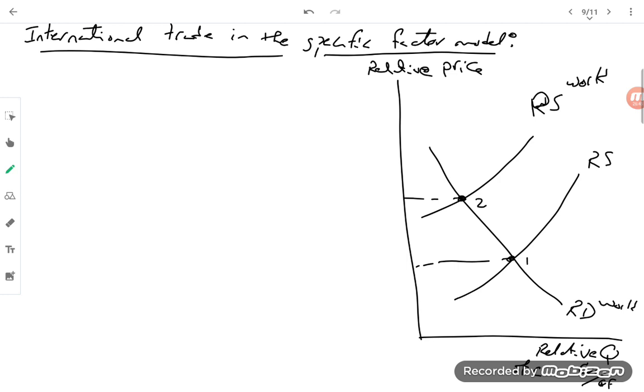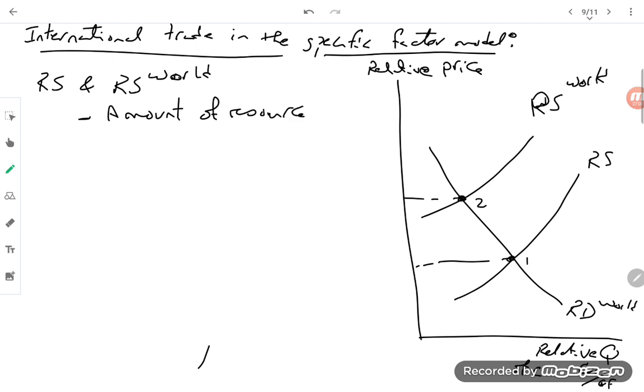So differences between RS and RS world are due to the amount of resources and improvement in technology.